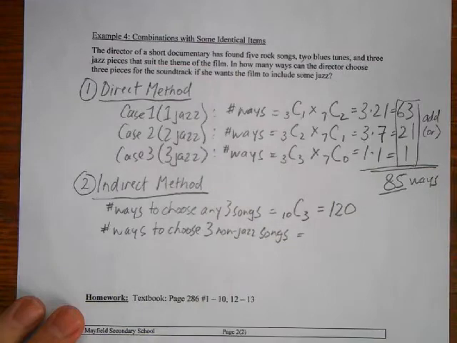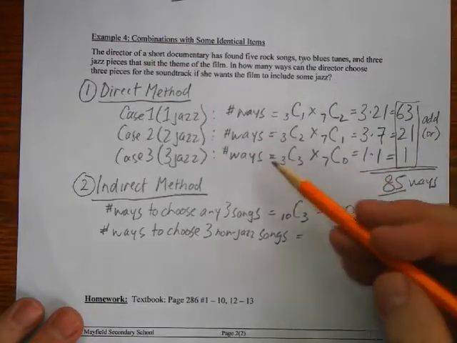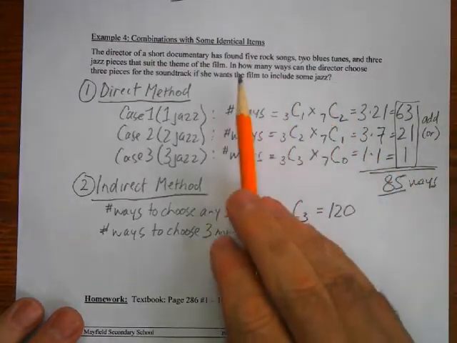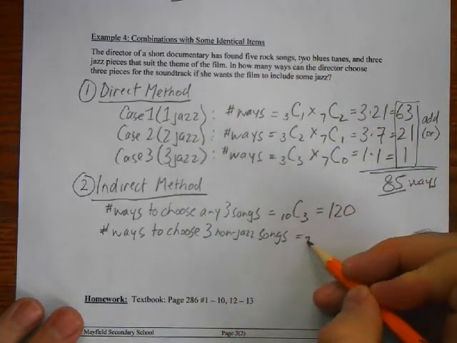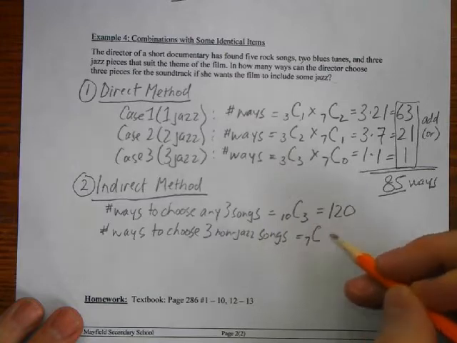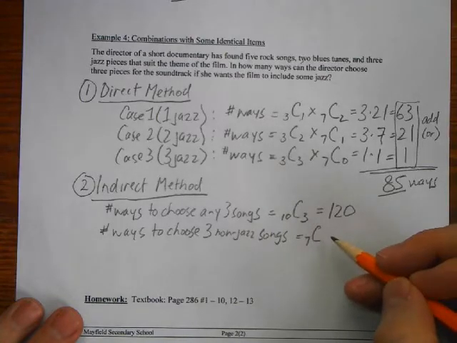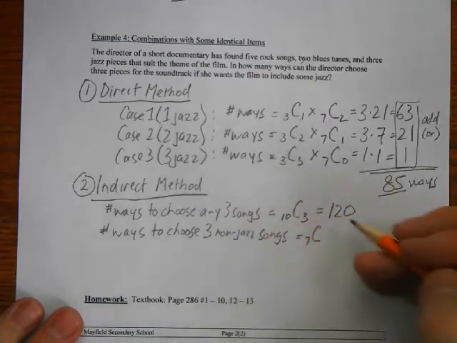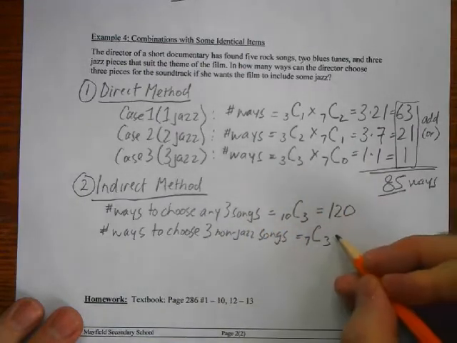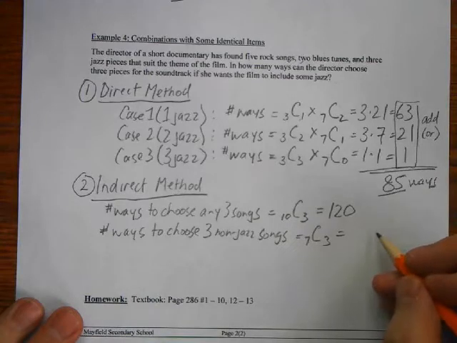So how many non-jazz songs do we have? We did this before, it's 7. How many of those 7 non-jazz songs do we want to pick? If we're picking 3 non-jazz, we're choosing 3. So 7 choose 3 is 35.